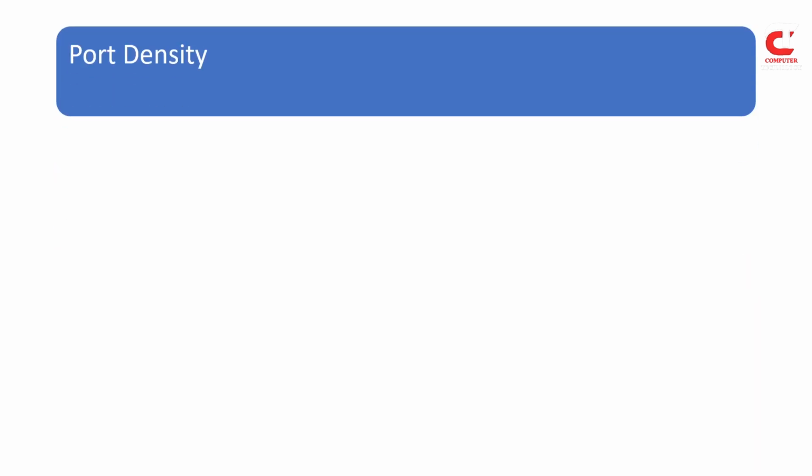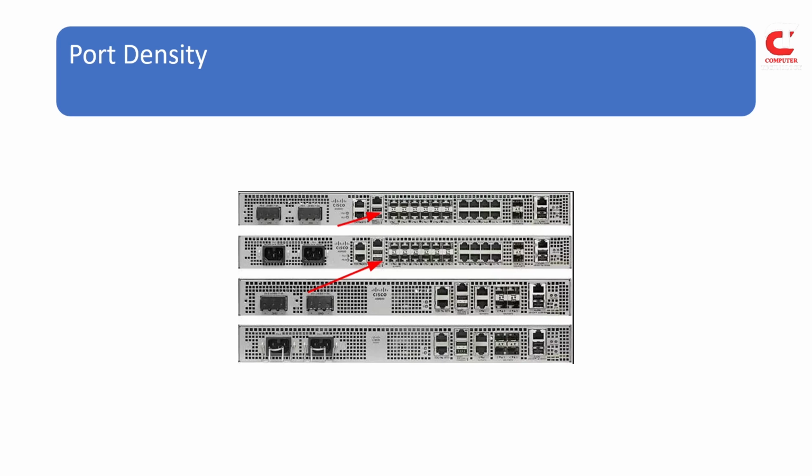The switch should support a high port density since it is connected to a large number of end user devices. Determine the number of devices that need to be connected to the access layer to decide the required switch port numbers. Port speed is a primary concern for end users.